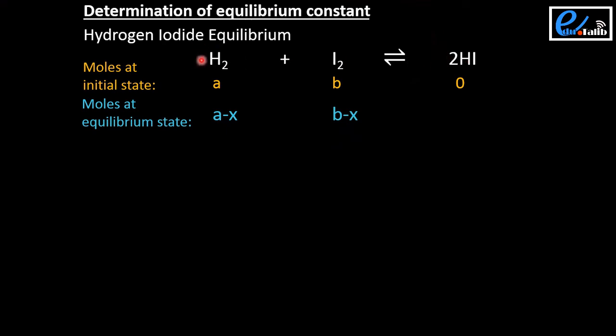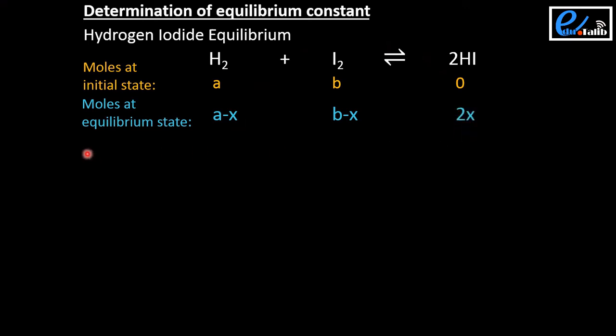If X moles have been consumed, the moles of hydrogen iodide formed would be 2X.